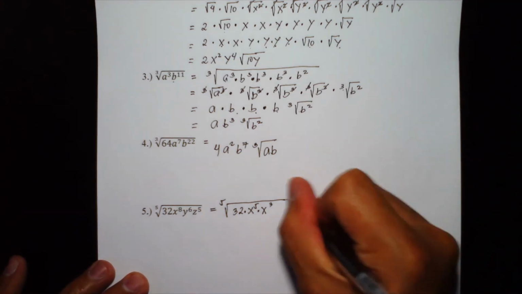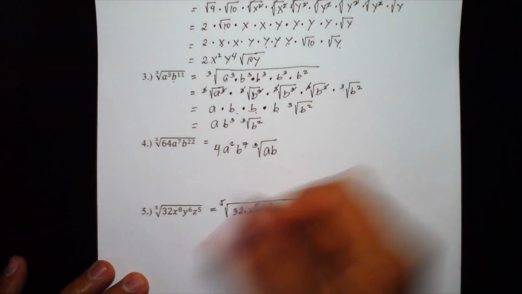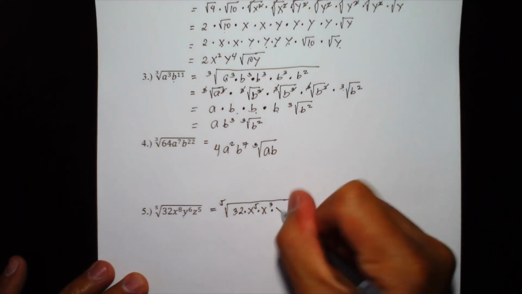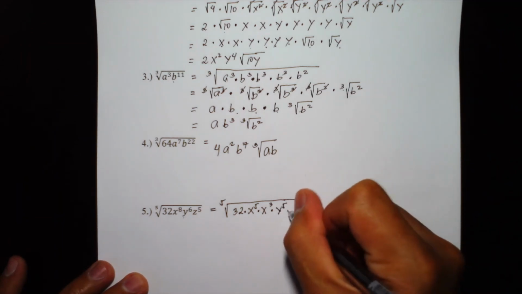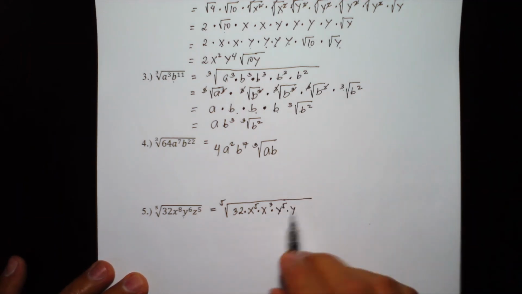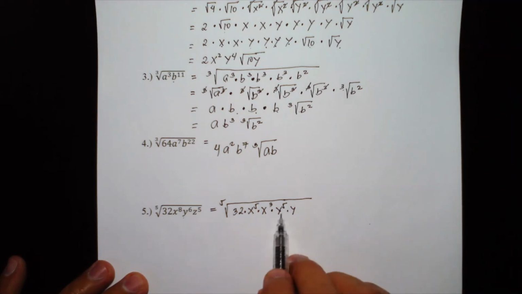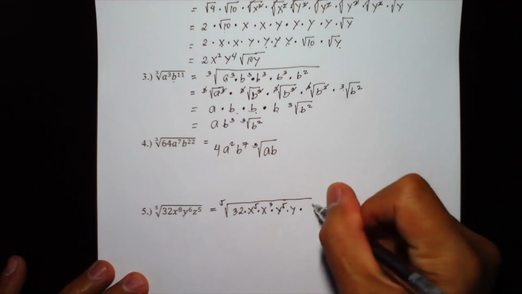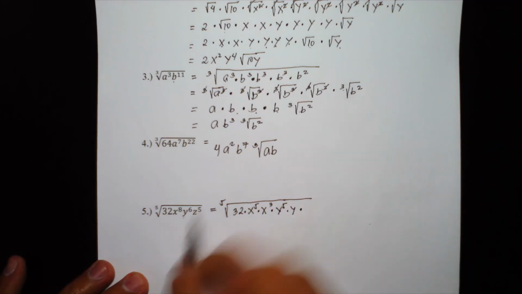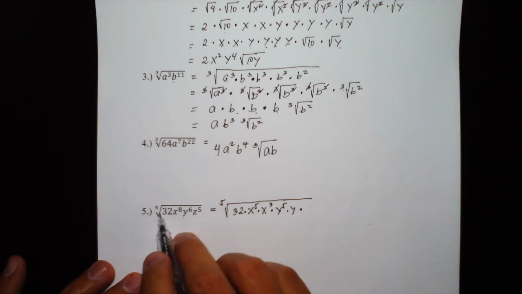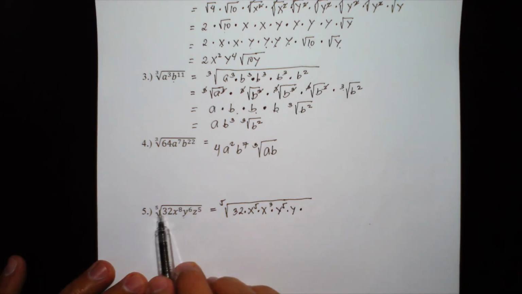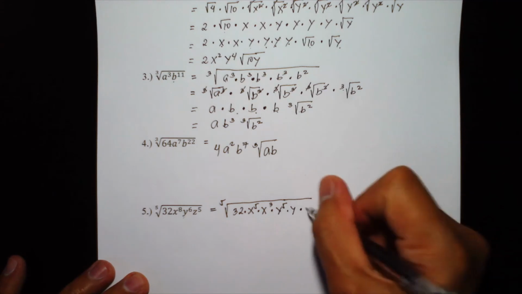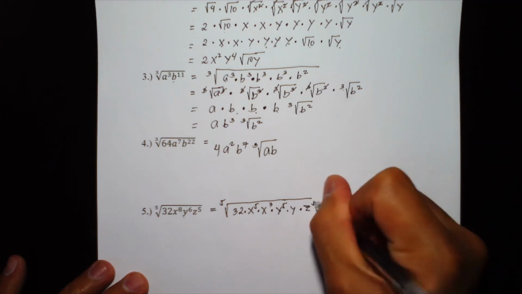Then multiplied by, factor this one, y raised to 5, then y. When you multiply this one, that will be y raised to 6. Then factor this one. Since z already satisfies the fifth root, we just write it z raised to 5.